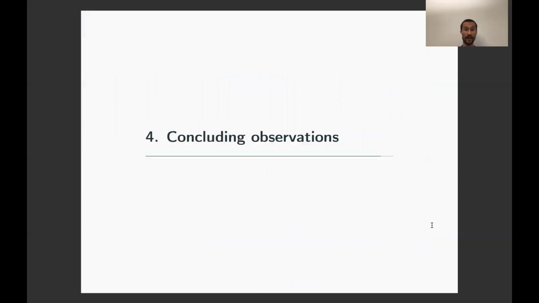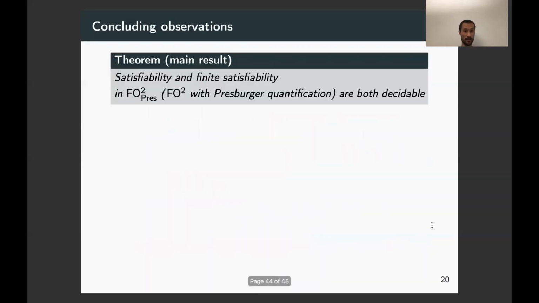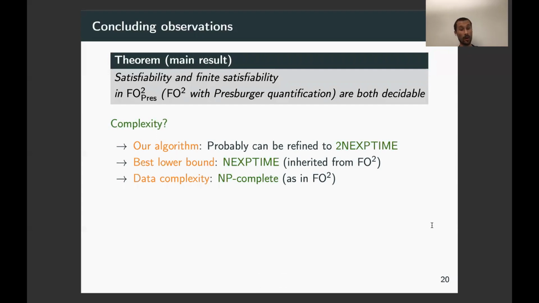Okay, that's it. Let me conclude with some observations. First of all, we have shown that satisfiability and finite satisfiability in first order logic with two variables and Presburger quantification are both decidable. Well, you may ask me, what is the complexity of this? Well, our algorithm probably can give us an NEXPTIME upper bound.